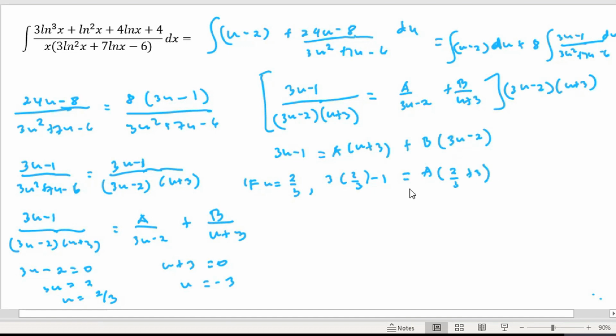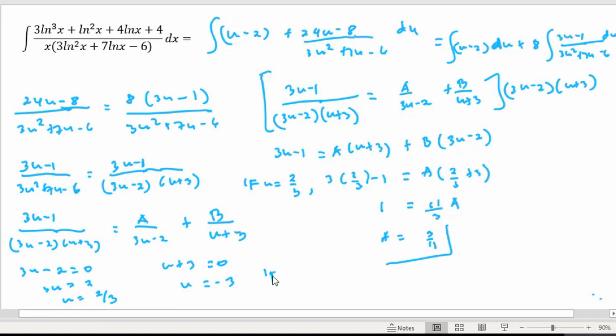If I substitute 2 thirds here, this term becomes 0, so I will not write b anymore. Simplifying, 3 times 2 thirds is 2, minus 1 is 1, and this is equal to, with the LCD of 3, 11 over 3 of a. Therefore, our a is just equal to 3 over 11.